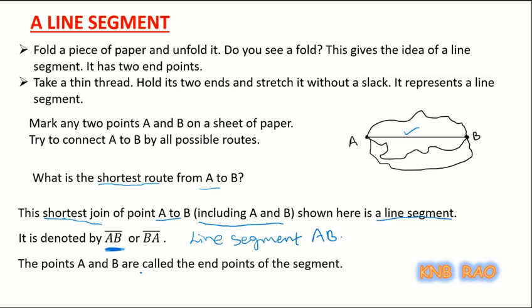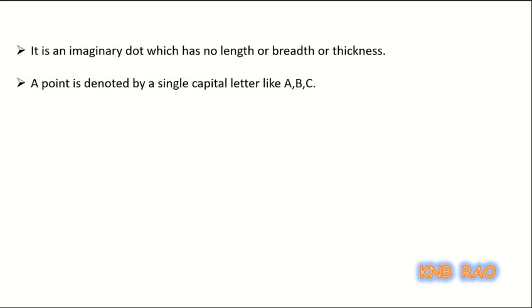So students, now let us see the important notes that you need to take. First one: a point is an imaginary dot which has no length or breadth or thickness.